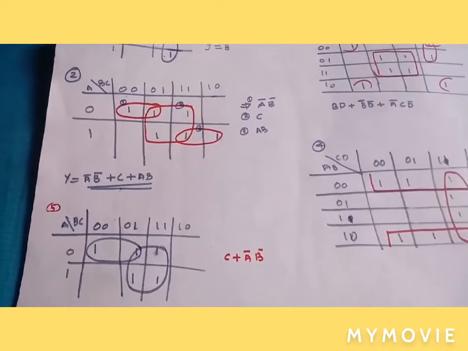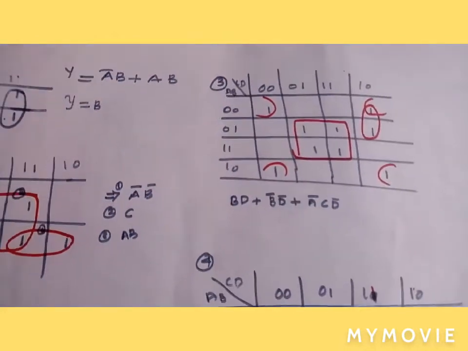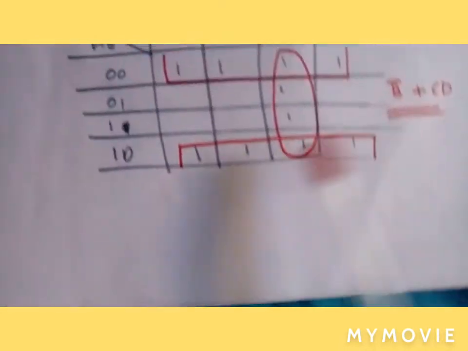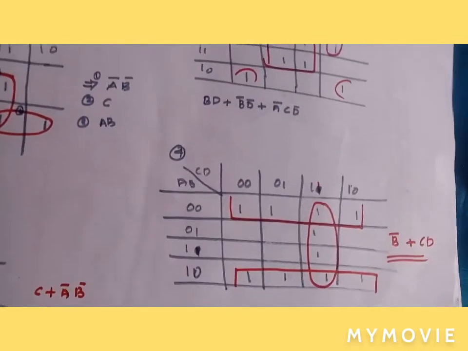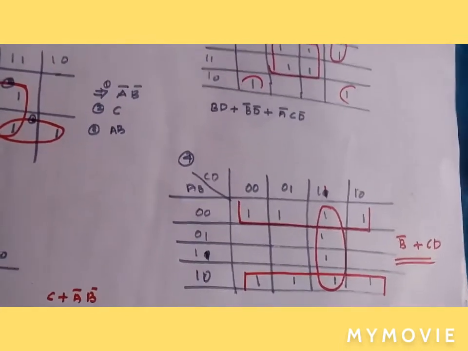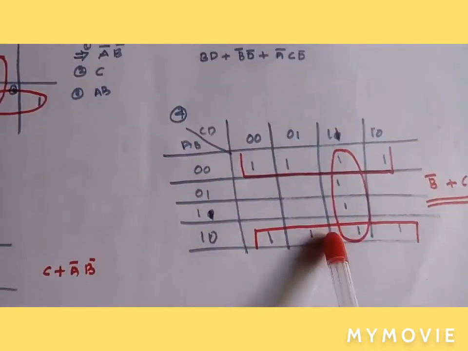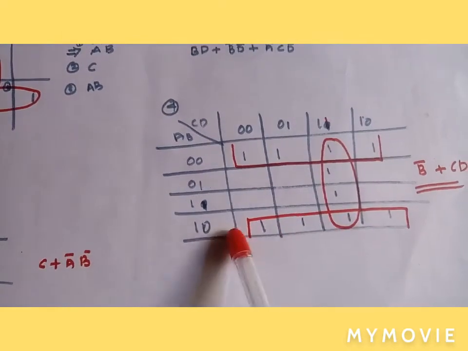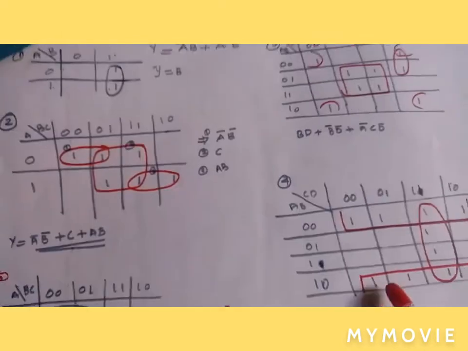Corner grouping is possible, and wrapping grouping is possible. That is, an edge quad can be represented as an octet, and we can also use overlapping groups, that is we can use this one for this quad and this octet. Okay, thanks for watching.